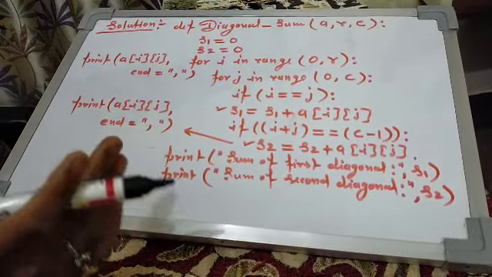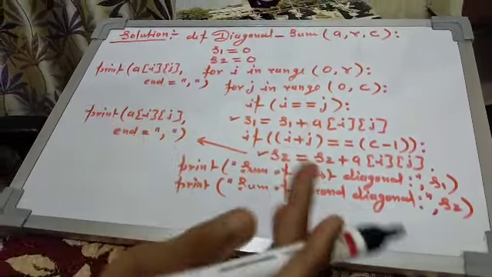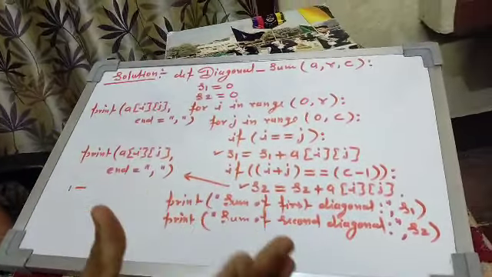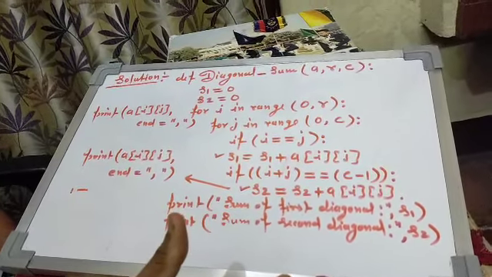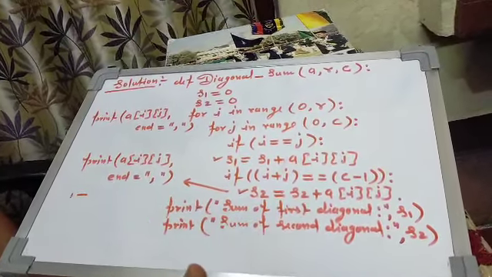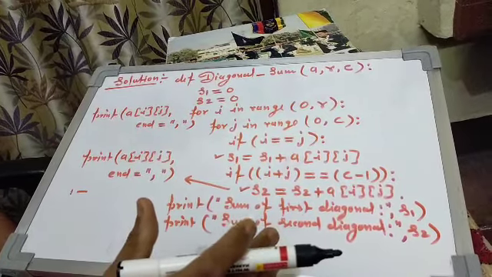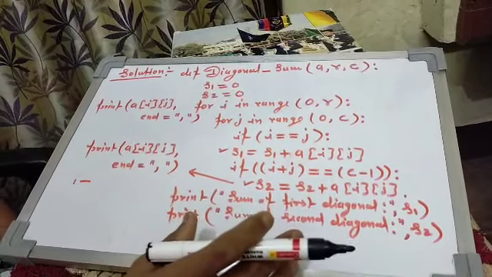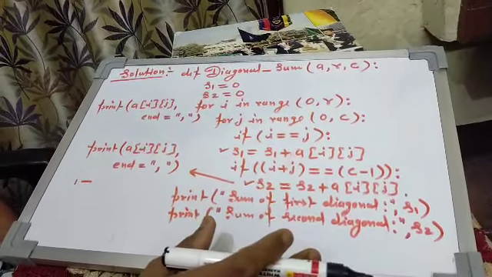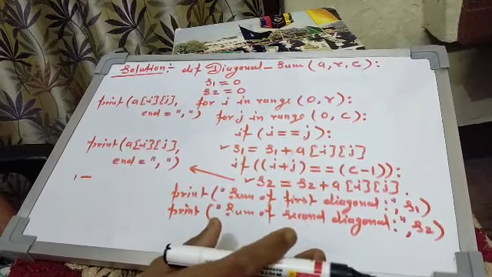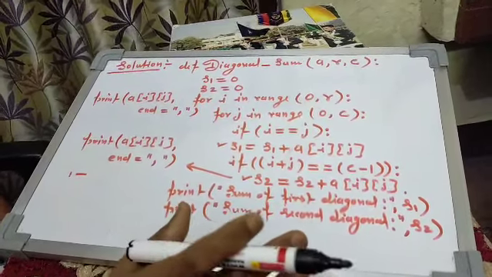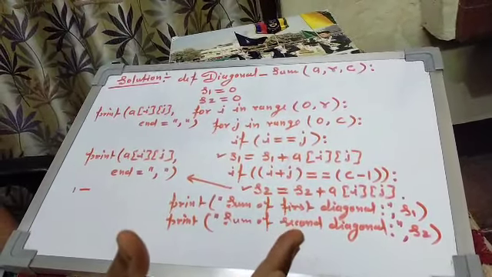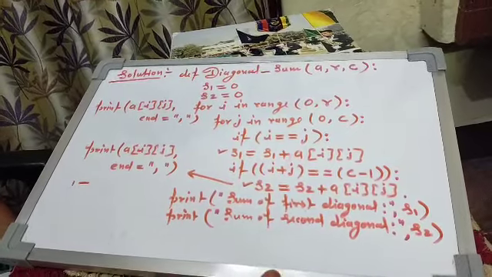I have already told you many times how to declare the 2D array, how to occupy the memory space for it, and how to enter the elements in different rows and columns. So this functioning is already discussed with you.